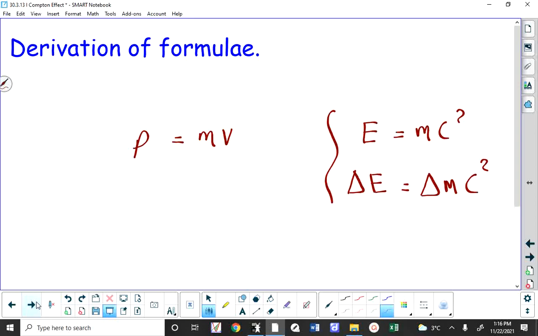So what Compton did is he said, if I take this formula and I rearrange it for mass, that means anything with energy has an equivalent mass of E over c squared. And a photon doesn't have mass, but it has an equivalent mass of this thing, E over c squared.